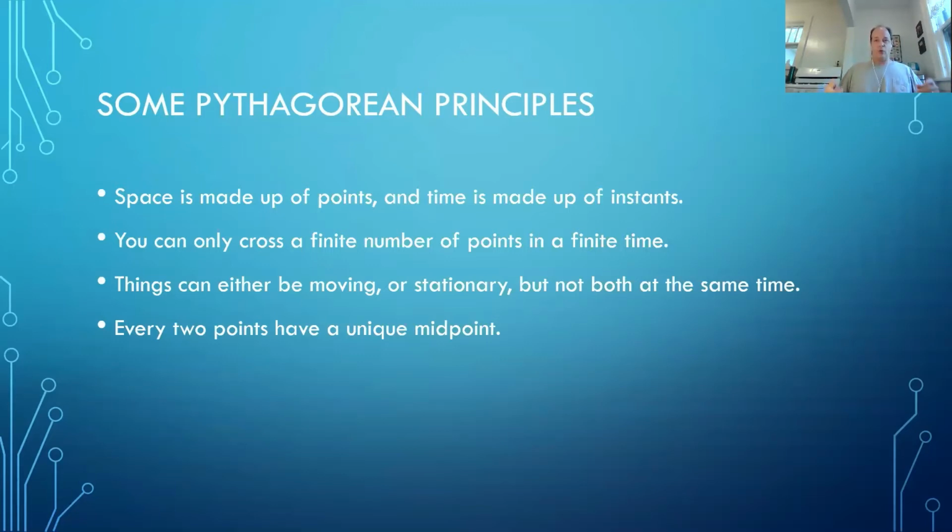What mathematicians are going to do is this. They're going to reject that second premise, that you can only cross a finite number of points in a finite time. And this is going to open up a whole can of worms. They're going to say, you know what, we're going to think infinite processes are okay. We're going to allow them.